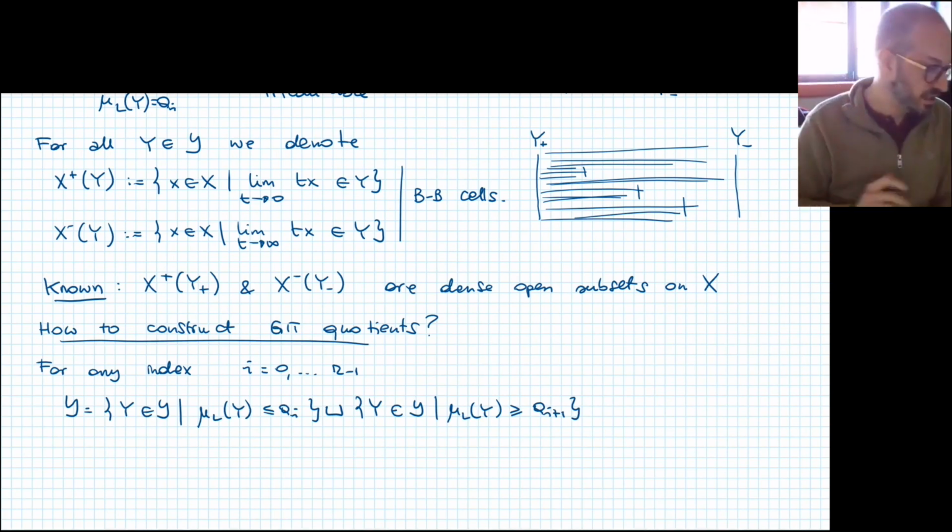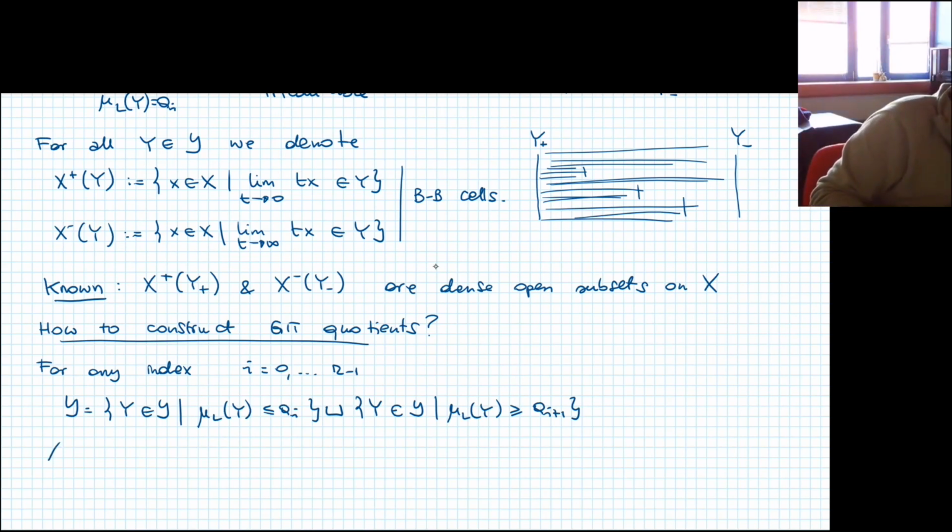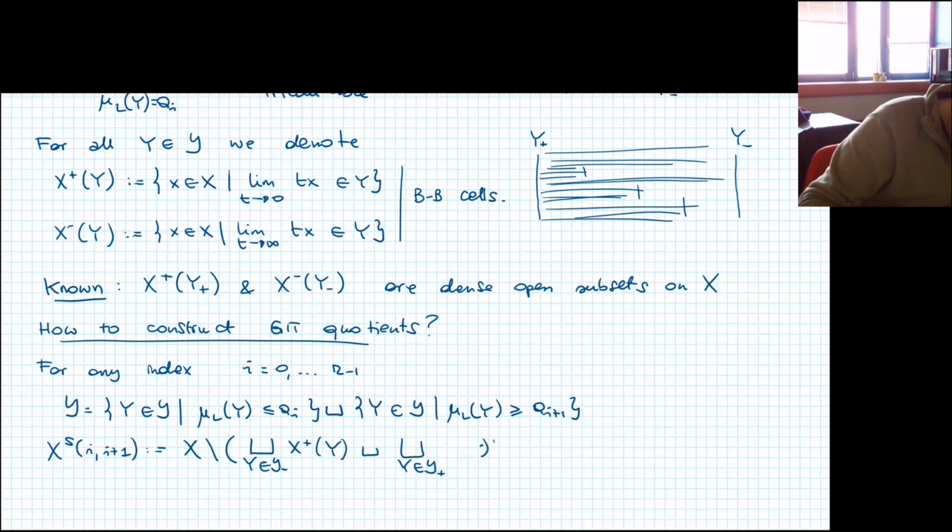So we basically disjoin the things, and we write X_{i+1} to be given as X minus y in Y plus of x minus of y. And this is open in X.